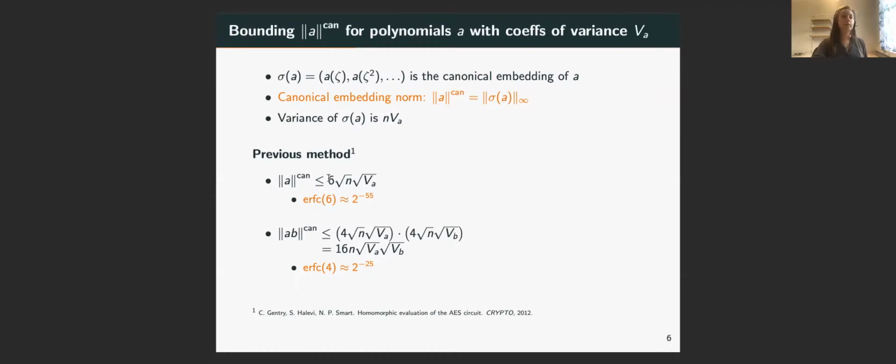And this 6 came from the fact that the inverse error function of 6 is approximately 2 to the minus 55. Now we don't change that, but what we do change is that in the previous method, we looked at the variance after the canonical embedding. So we look at the canonical embedding of a random variable, then we multiply the two, and that's how we got our bound previously.